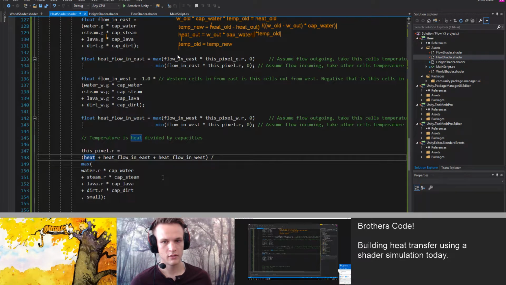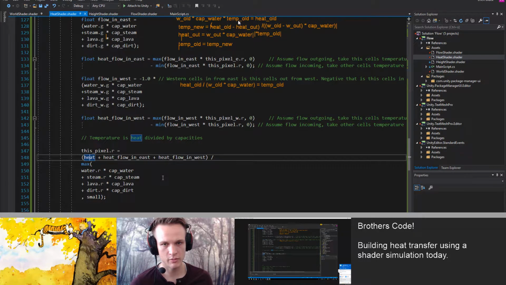So if this is true, then water old times, oop, hold on. I'm gonna move down here, I guess. Water old times cap water times temp, wait, over heat. Hold on, I gotta do this the other way. Let me backspace. So it's heat old over water old times cap water equals temp old.